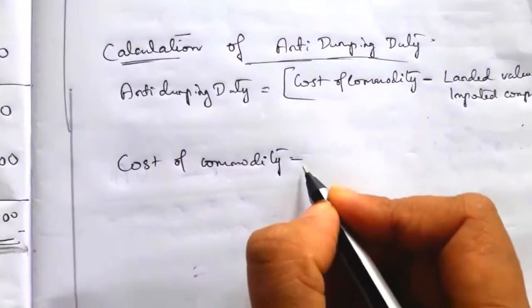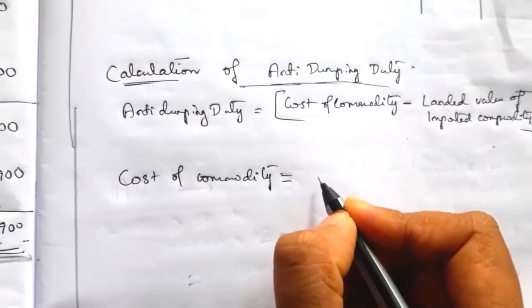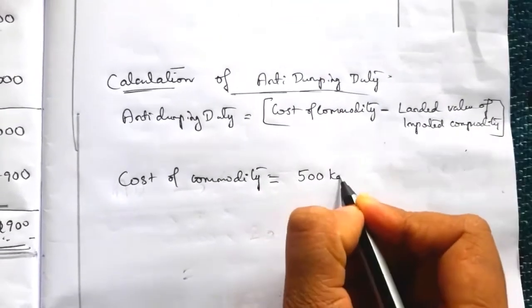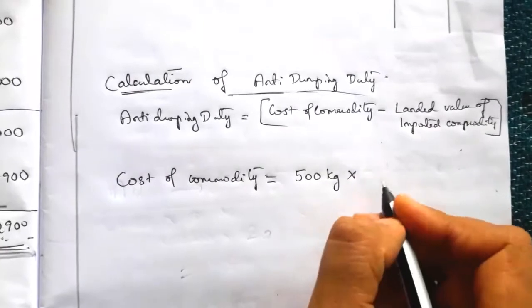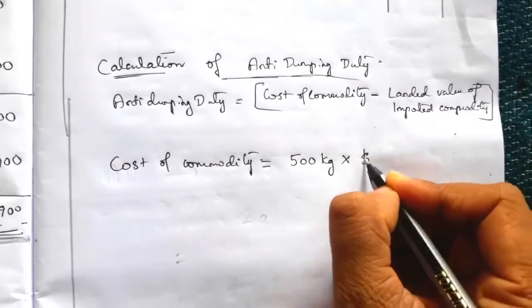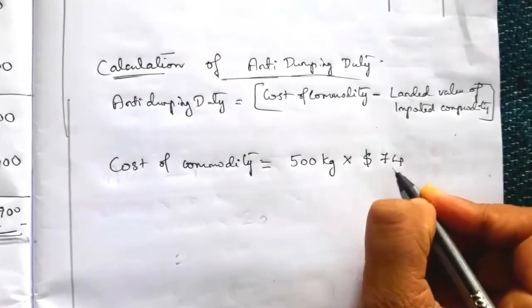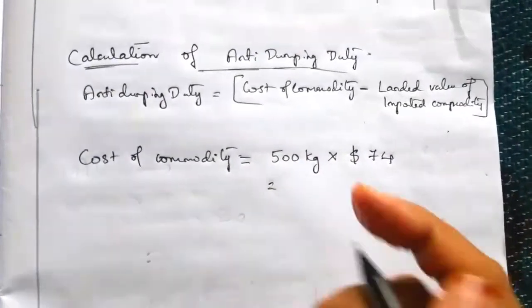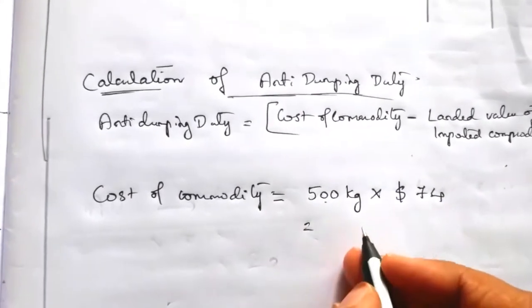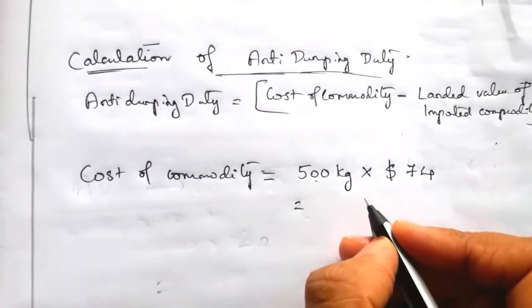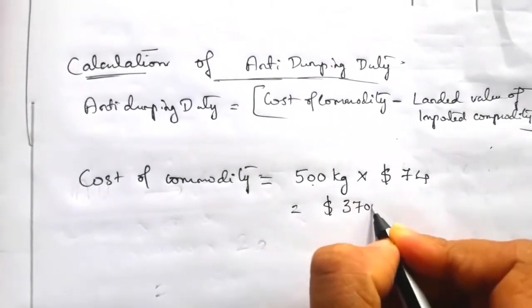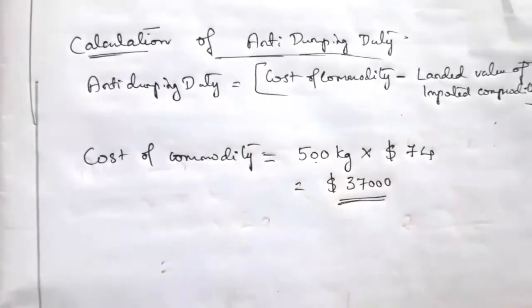So for 500 kg, the total cost they have incurred is 500 into $74, which is equal to $37,000.